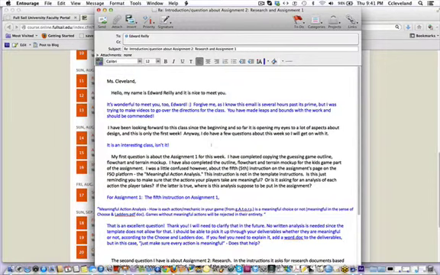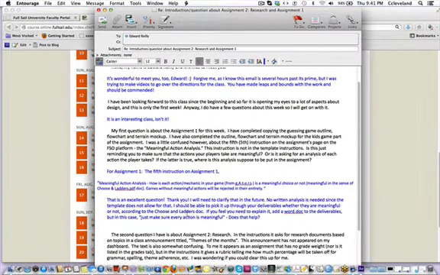Your first question is about the assignment for this week. You've completed the guessing game, the flowchart, the terrain mockup, and the kids game, and you were a little confused about the fifth instruction for the meaningful action analysis. Excellent question, and thank you, because that does need to be clarified.